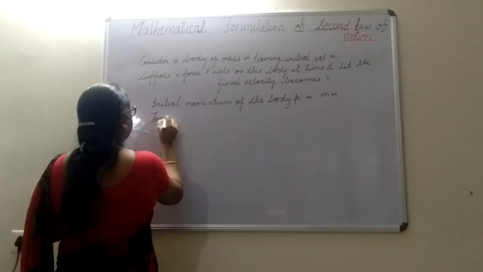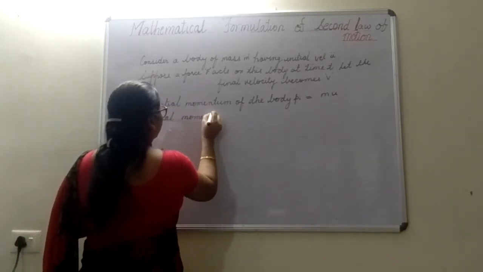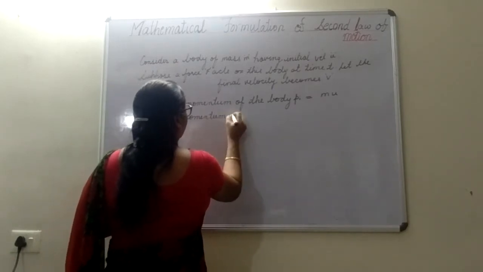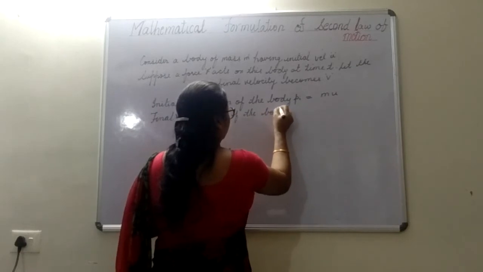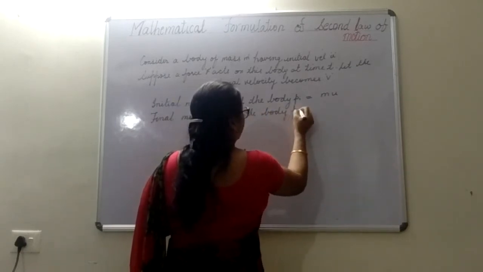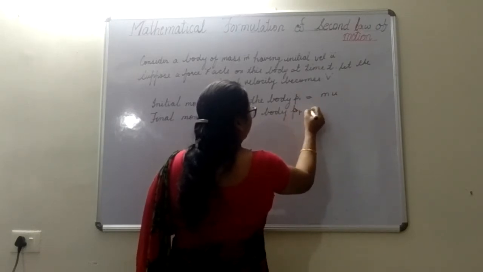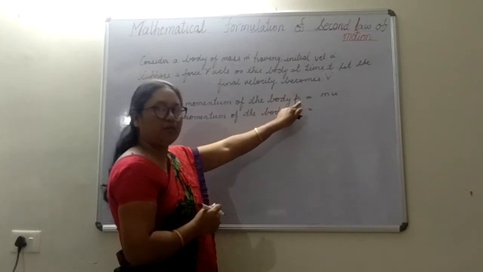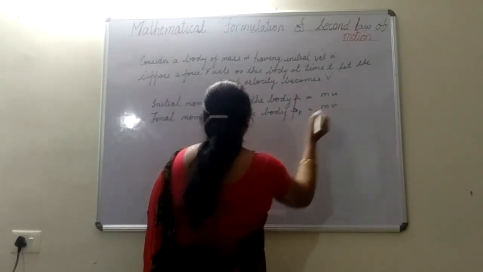Now the final momentum of the body, represented as Pf. Pi is the initial momentum, Pf is the final momentum, which is mv.